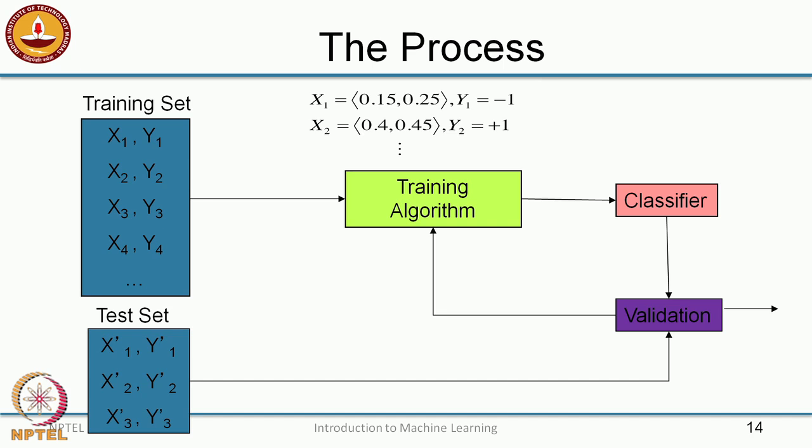So, we have to either iterate over the algorithm again, go over the data again, try to refine the parameter estimation, or we could even think of changing some parameter values and then redo the training algorithm all over again. But this is the general process, and we will see that many of the different algorithms that we look at during the course of these lectures actually follow this kind of a process.